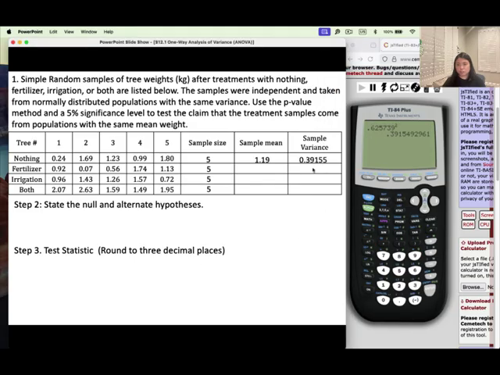You're gonna get the sample variance, 0.39155. Okay, I want you guys to do it one by one, figure out the sample mean and the sample variance. Okay, check your work. You should have this number.